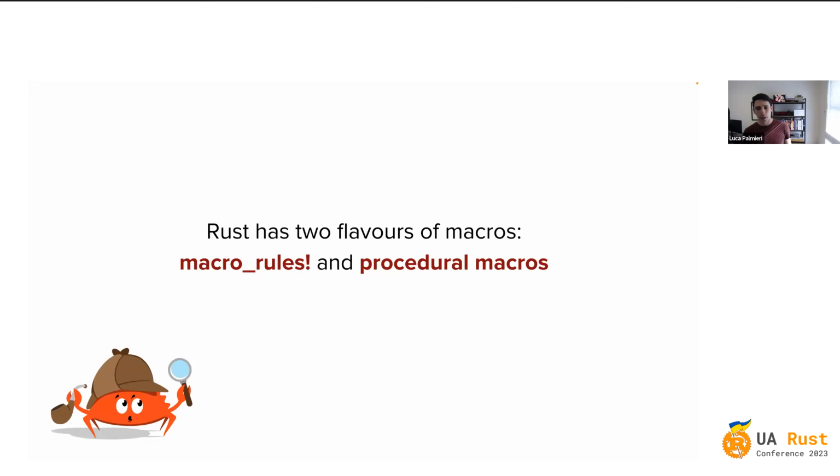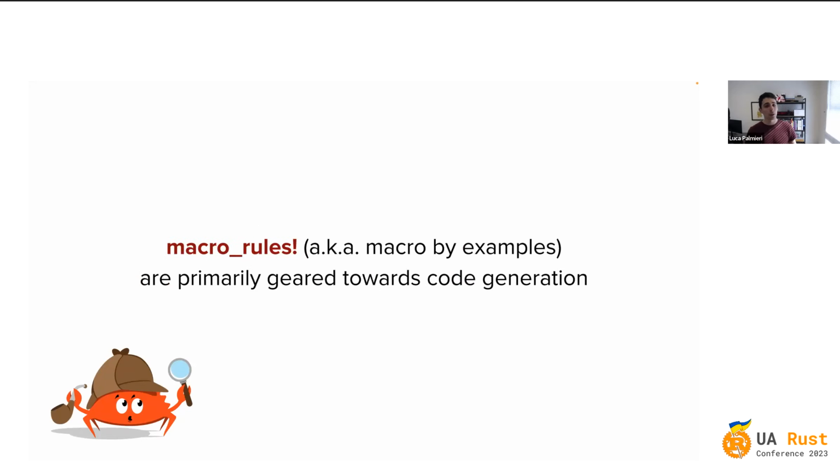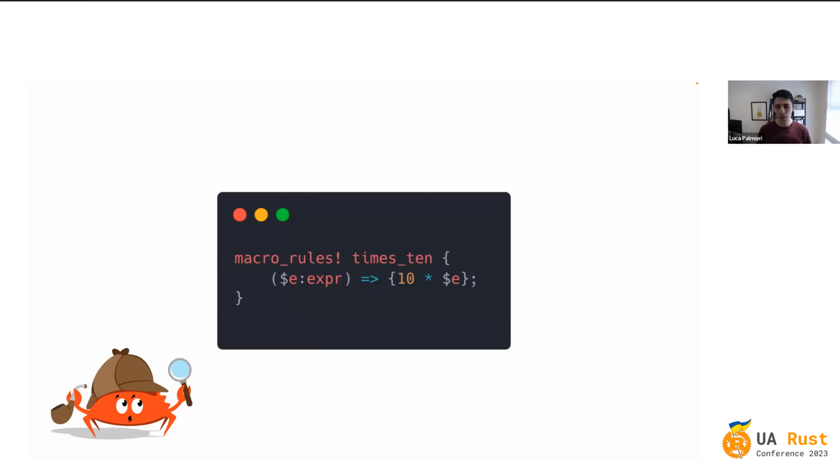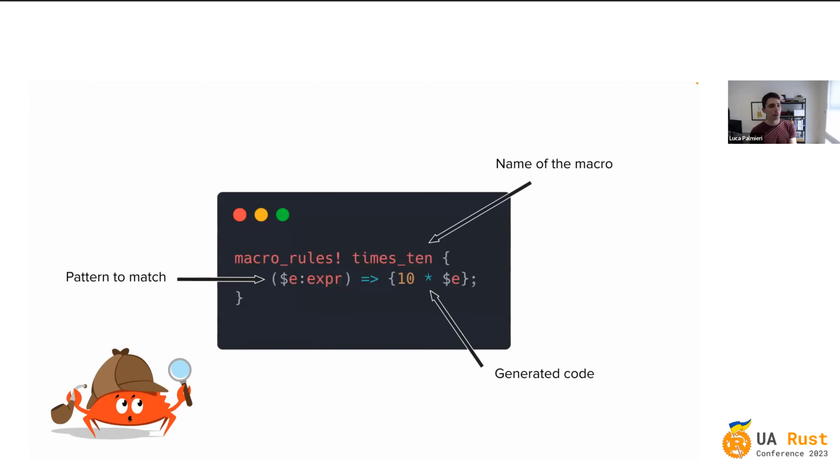Rust has two types of macros, macro rules and procedural macros. Macro rules are also known as macro by example, and they're primarily geared toward code generation. A macro rule looks pretty much like this. You have the macro name, which in this case is times 10, and then you have the pattern that you want to match and the code that you want to generate if we match that pattern.